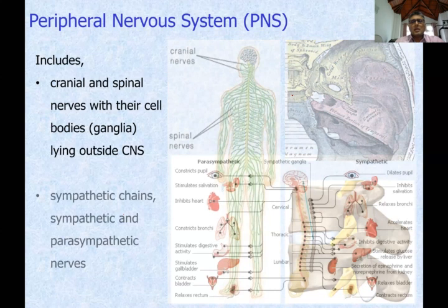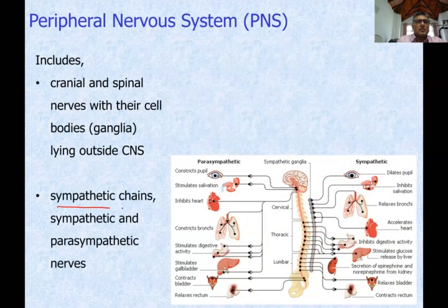Then, as part of the peripheral nervous system, you get the sympathetic chains on either side of the vertebral column. You get the sympathetic chains here, and sympathetic and parasympathetic nerves. They can be either separate, or their fibers can be inside the spinal and cranial nerves.